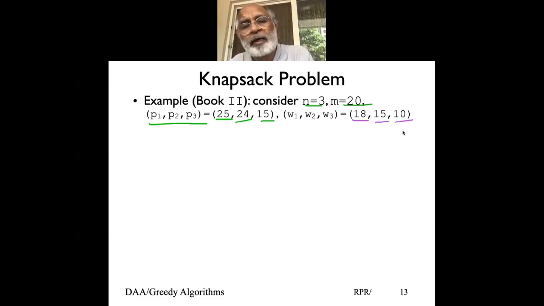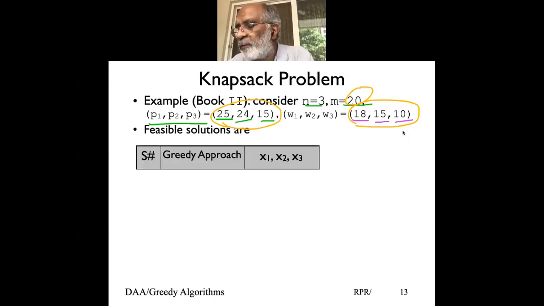So we need to pick the objects in such a way that this profit is maximized, subject to my bag weight being 20. That means I cannot pick all the elements, because if I pick all 3 elements, my total weight becomes about 43 kg, which I cannot. So what should I do to pick up these objects? There are different solutions there. I'm giving you the different solutions, and we'll discuss them in detail.